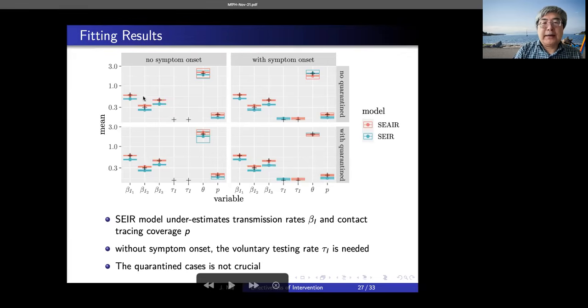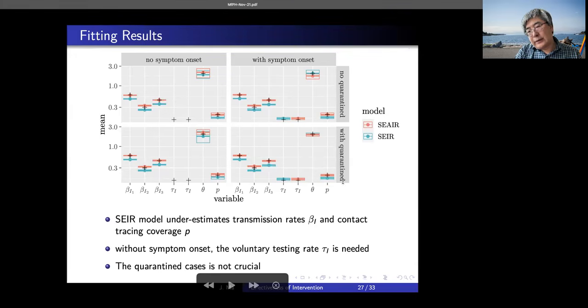And you can see that the SEIR model, without asymptomatic transmission, underestimates the transmission rate and so on. But the tau I's are roughly the same. So symptom onset data is important if you don't know the testing rate.